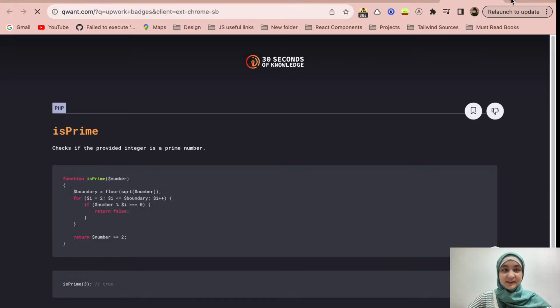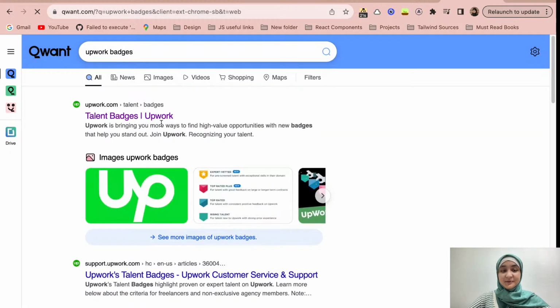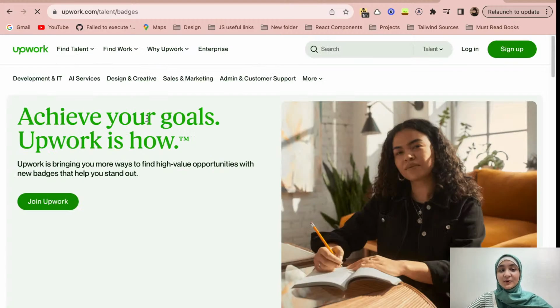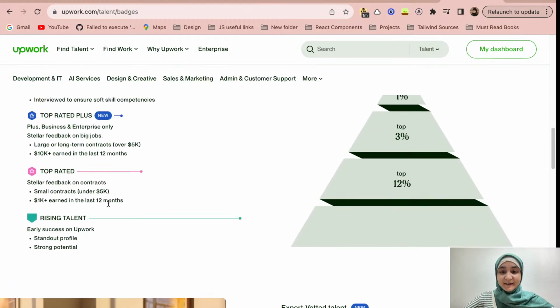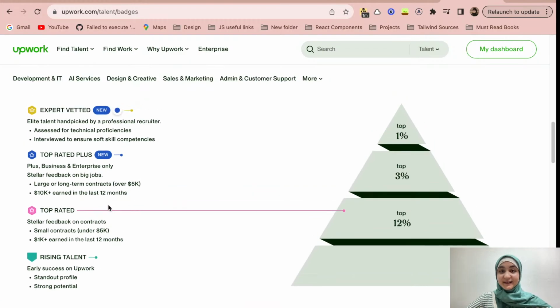Every time you want to know about the Upwork system, you can go to Upwork documentation or support.upwork.com to get the latest updates. Here is a small general overview.